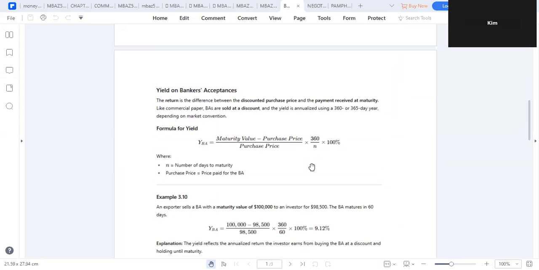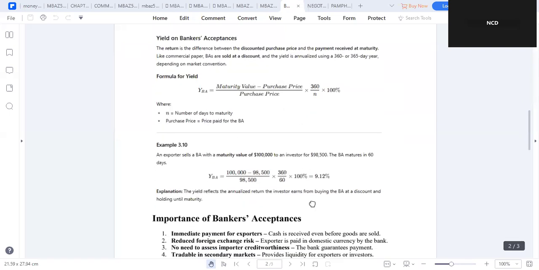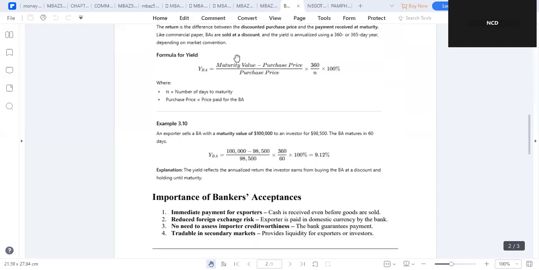So the yield for a banker's acceptance is maturity value minus purchase price over purchase price times 360 over n, multiplied by 100 as a percentage, where n is the number of days to maturity and p is the purchase price paid on the banker's acceptance.